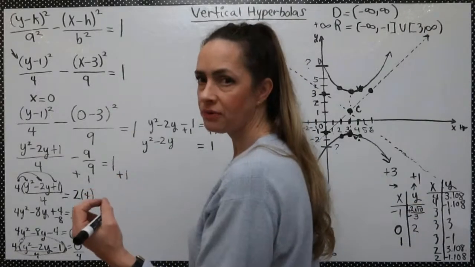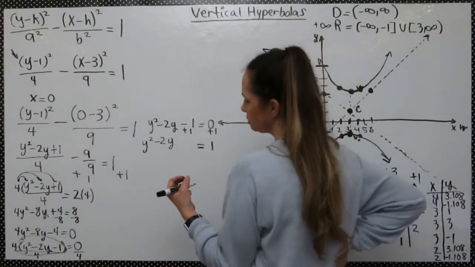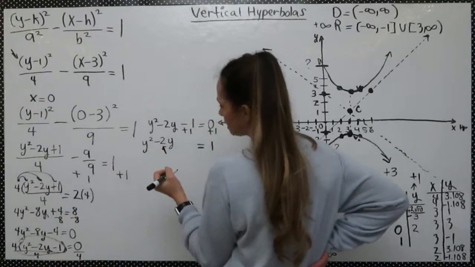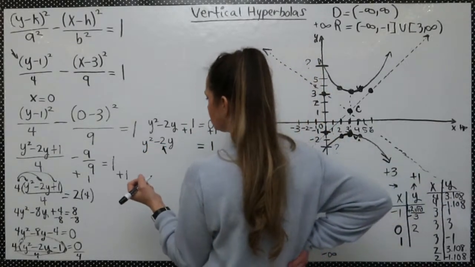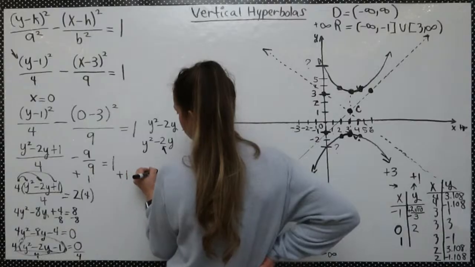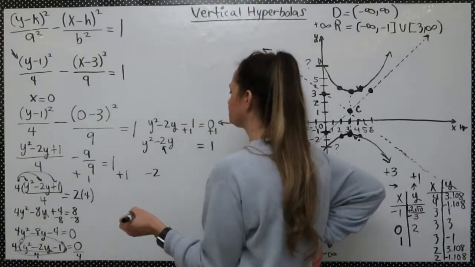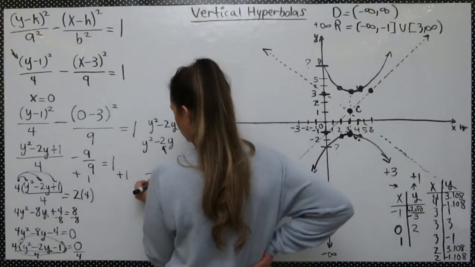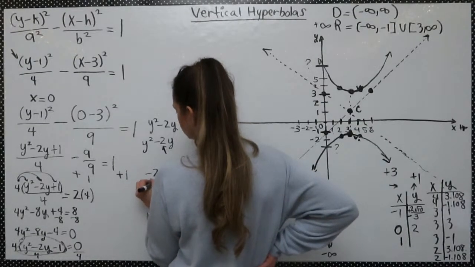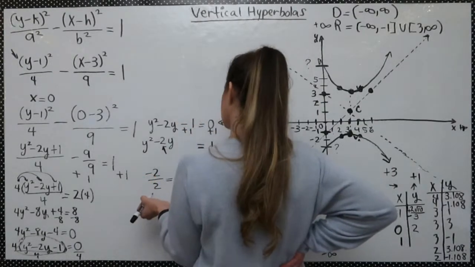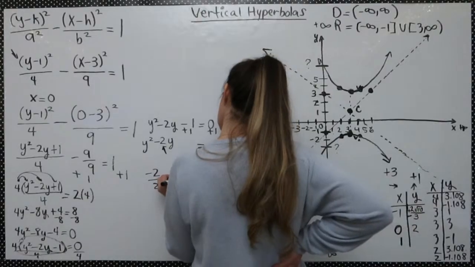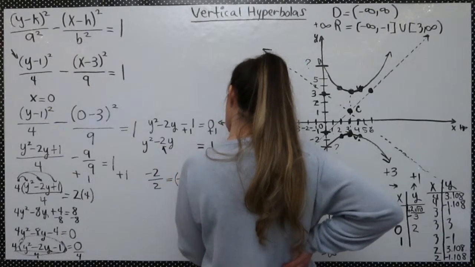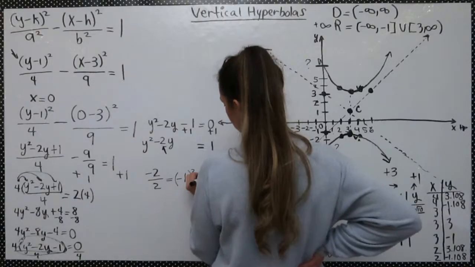And how you find that special number is a two-step method. You take that middle term, that linear term, just the coefficient, -2, and you divide it by 2. So -2 divided by 2 is -1. Then you square that number, and that's going to give you a +1.